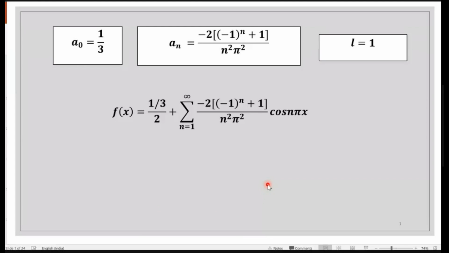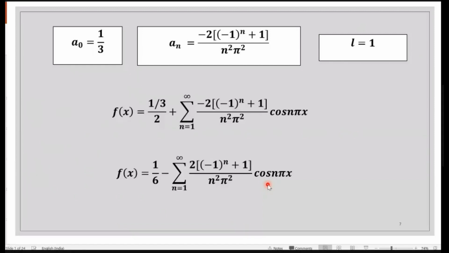L is equal to 1, substituting everything in the fx formula. A0 is 1 by 3, an is minus 2 into minus 1 raised to n plus 1 upon n square pi square. And L is equal to 1, that is why we get cos n pi x. We can simplify 1 by 3 by 1 by 2 is 1 by 6. This minus sign can be taken outside.